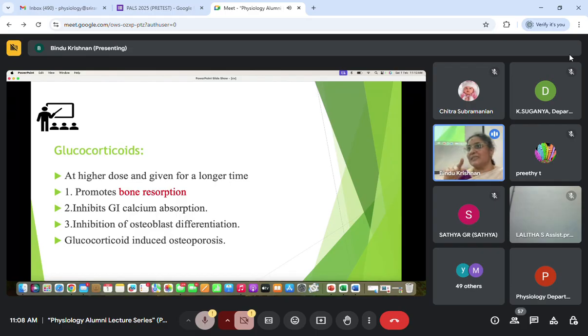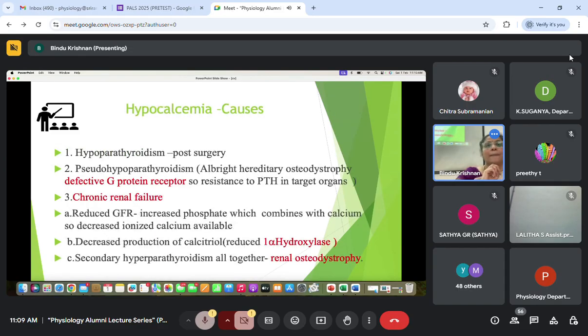If osteoblast differentiation does not happen, it affects the formation of bones. And whatever calcium you eat, if you take 1000 mg, only 30 to 35% is absorbed, right? So that is getting inhibited here, and it promotes bone resorption also. That is why you have glucocorticoid induced osteoporosis.